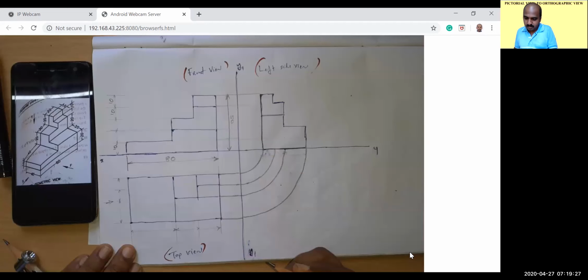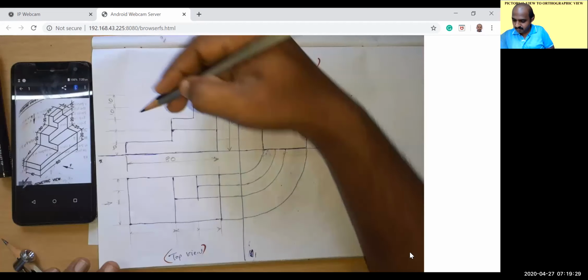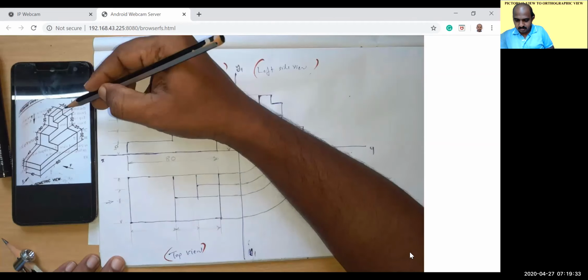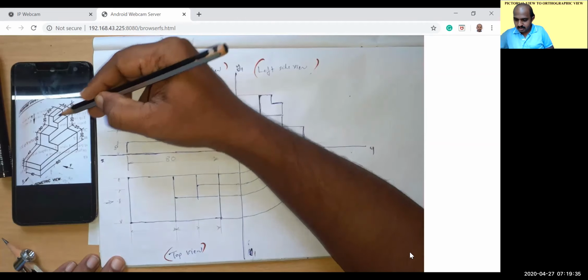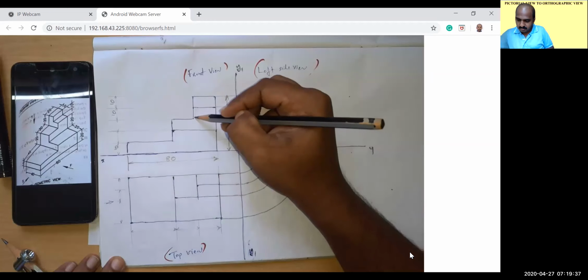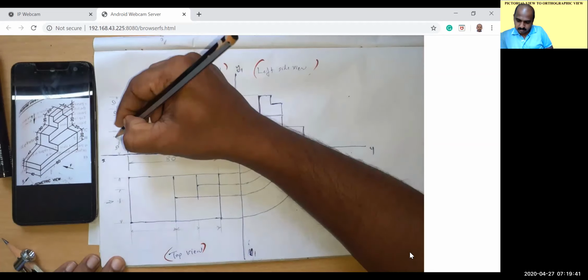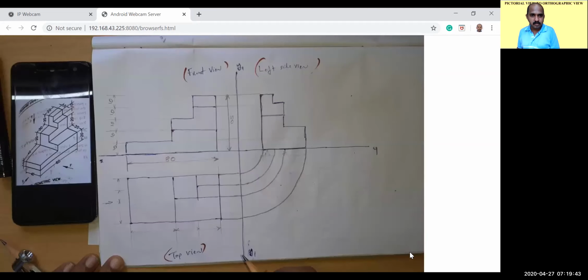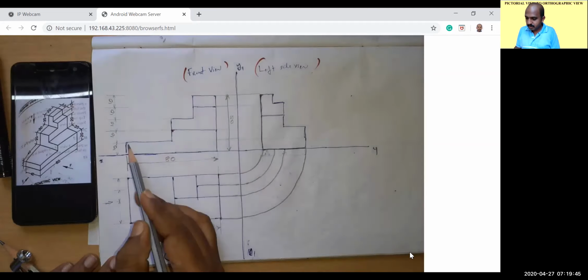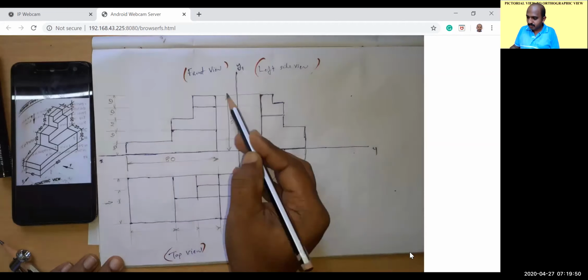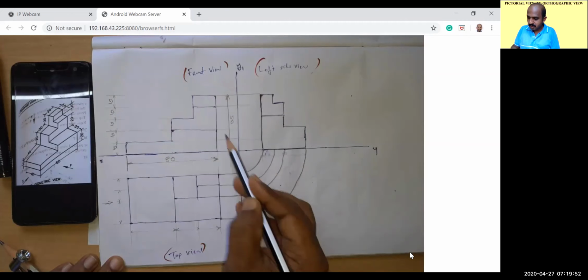What's remaining? We have this 15, 15. So this is 10. This total is equal to 20, and this total is equal to 20. So this is again 10, 10, 10. So now you have given dimensions to the front view. Length is 80 and this total is 50, and it is again divided into 10, 10, 10.